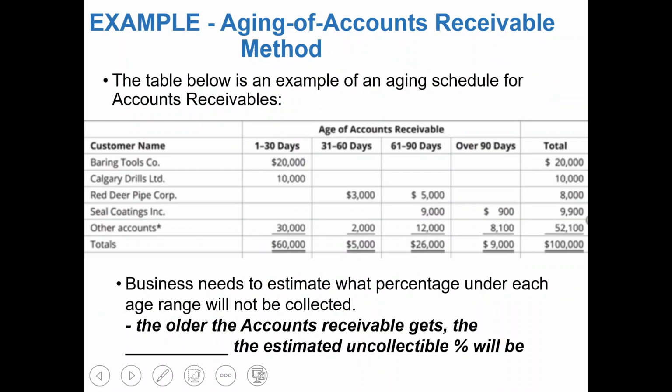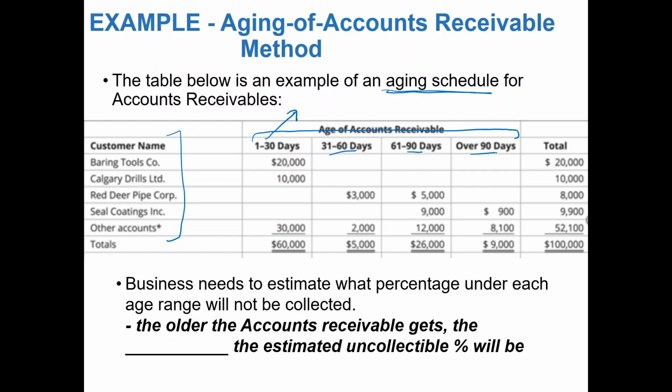Okay, so let's go through an example here. This table below is what's called an aging schedule, or we looked at it earlier, it's the subledger. So it's breaking out each customer and how much they owe, but it also breaks it out into these age categories. So this is for how long it's been outstanding. This first category is saying that these amounts have been outstanding for 1 to 30 days. So we originally booked it somewhere between 1 to 30 days ago.